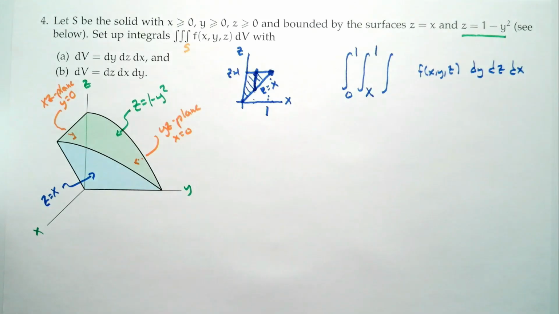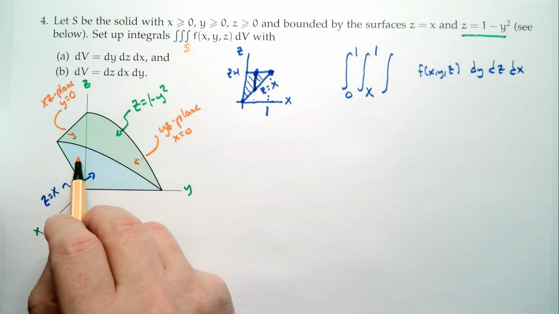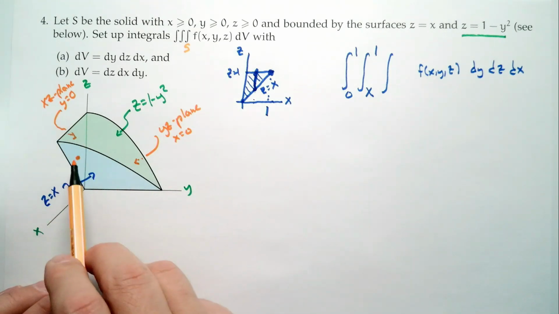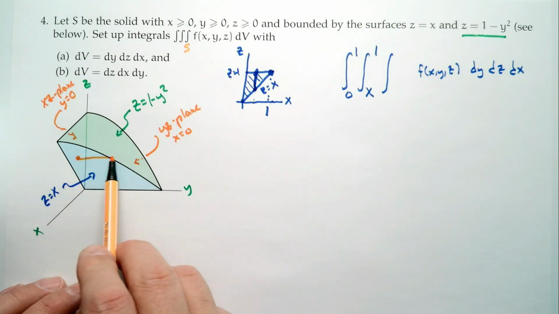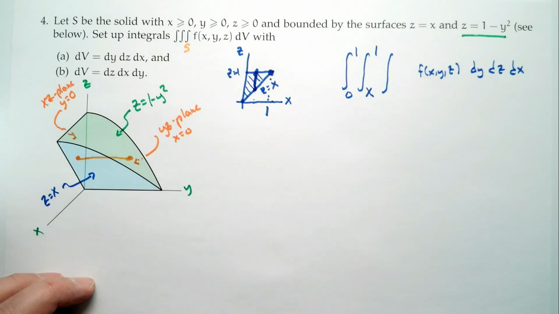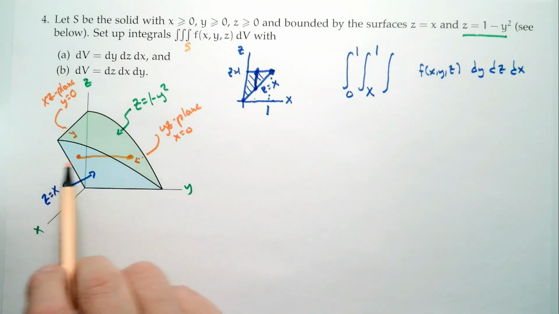So now we go back to our three-dimensional picture, and what's happening here is we're integrating with respect to y, which means we should think about moving parallel to the y-axis. So we're moving back and forwards here, left and right, if you will. So when I integrate with respect to y, the back side is that back triangle, that xz plane. Then I move forward until I hit this front curved slope. So I see that my bounds are going to be those two surfaces. And I need them in the form y equals.